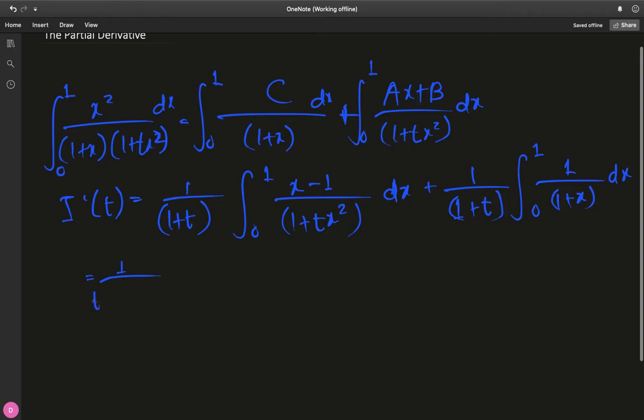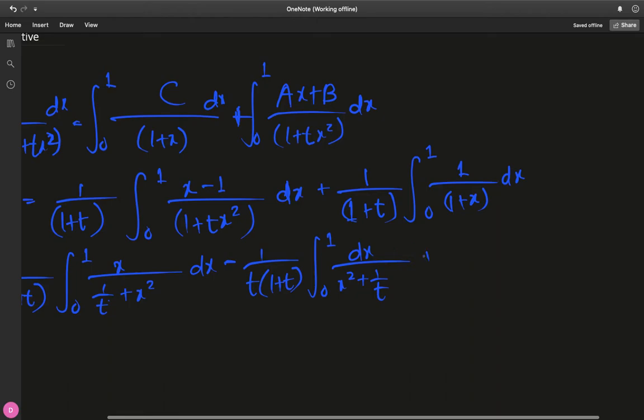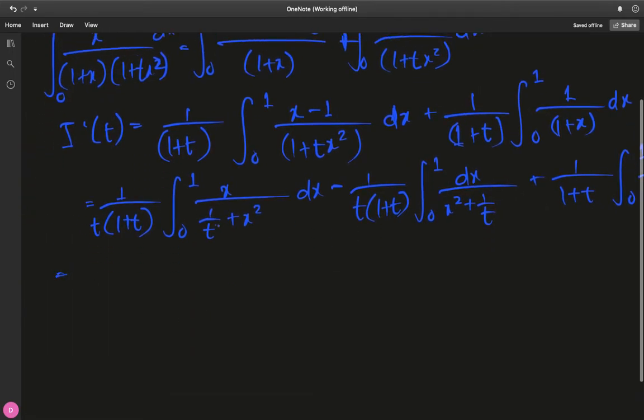So we have 1 over t times 1 plus t times the integral from 0 to 1 of x divided by x squared plus 1 over t dx, minus 1 over t times 1 plus t times the integral from 0 to 1 of dx divided by x squared plus 1 over t, and we have 1 over 1 plus t times the integral from 0 to 1 of 1 dx over 1 plus x.